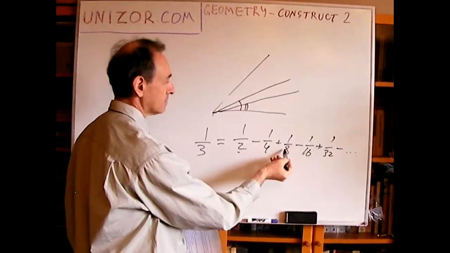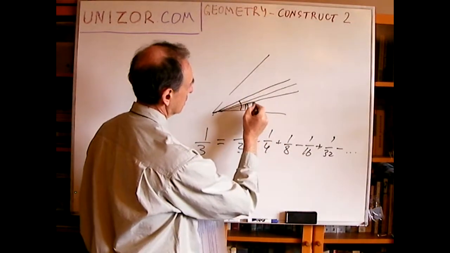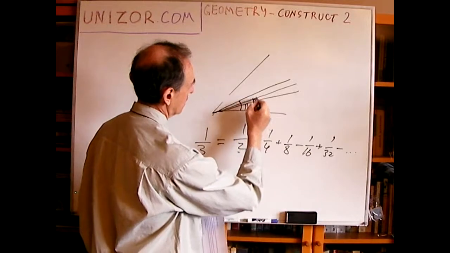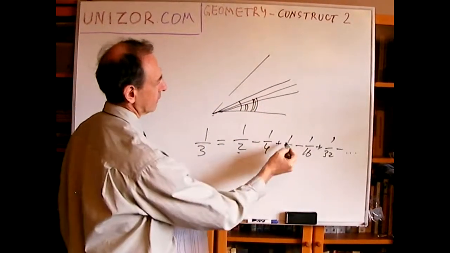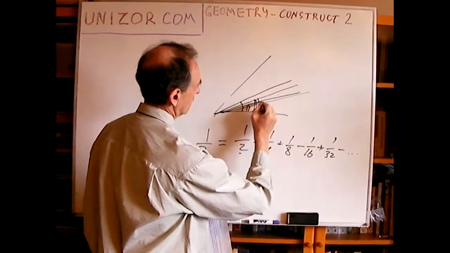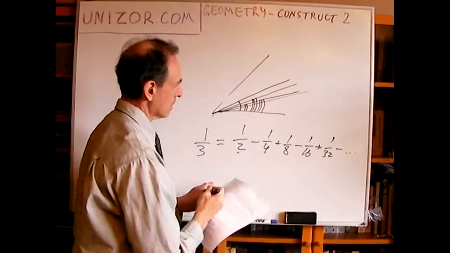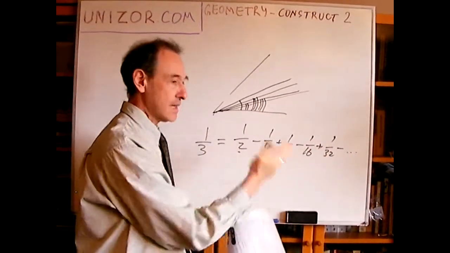Then you have to add 1/8, which means you have to divide 1/4 by 2, and this would be 1/8. Then you have to subtract 1/16, so that would be this way, etc.